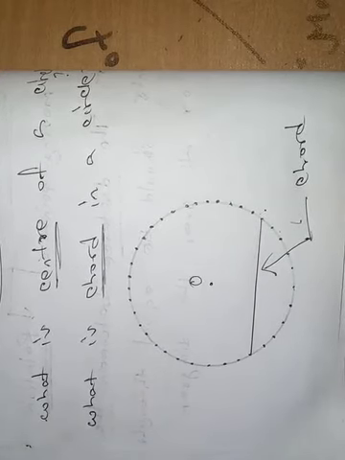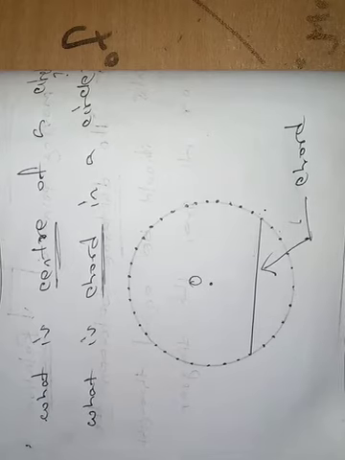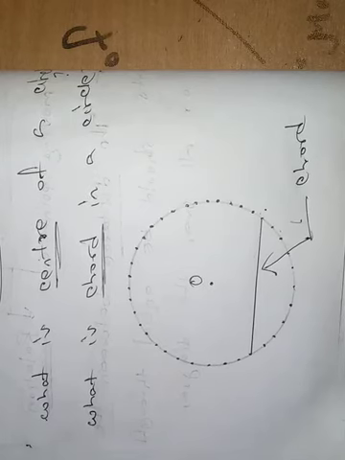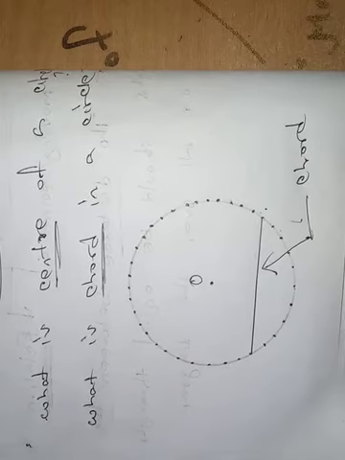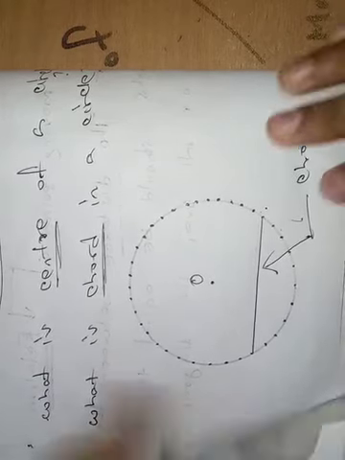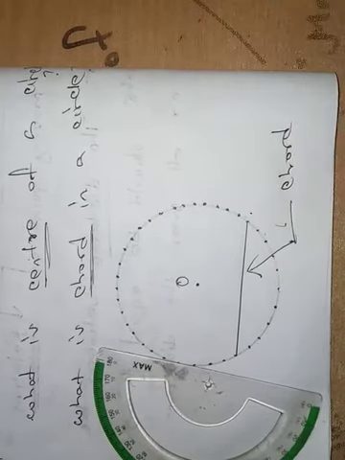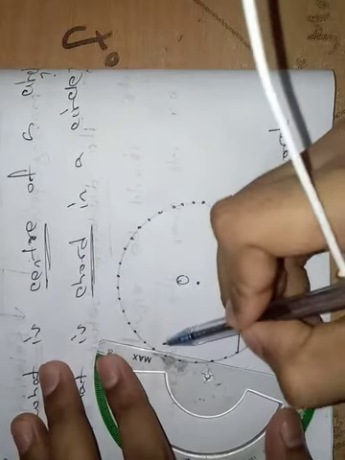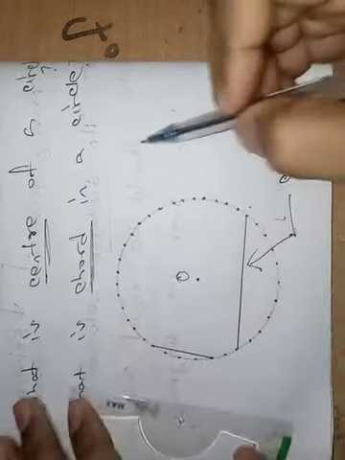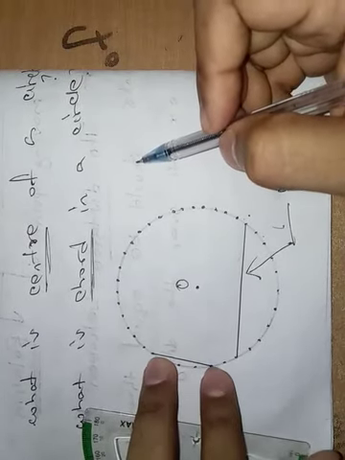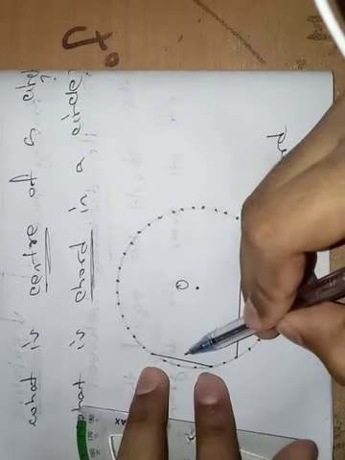What is a chord? If we join any two moving points of a circle, we call that line a chord. It can be anywhere. We can join any two points. Suppose I'm joining these two moving points, and this is also a chord.